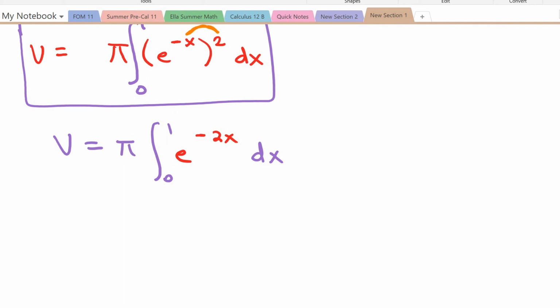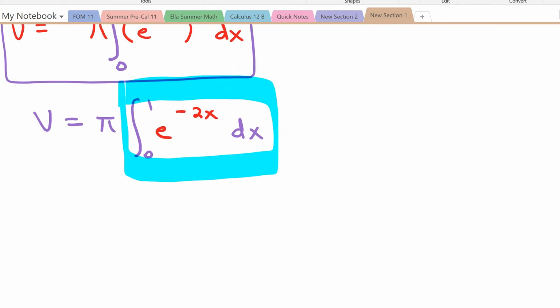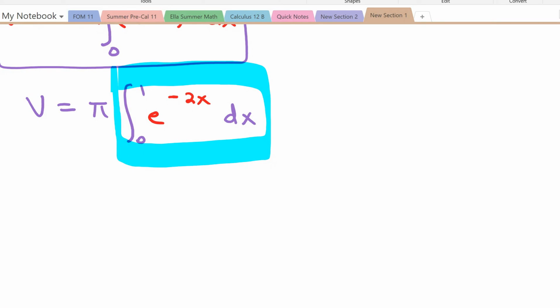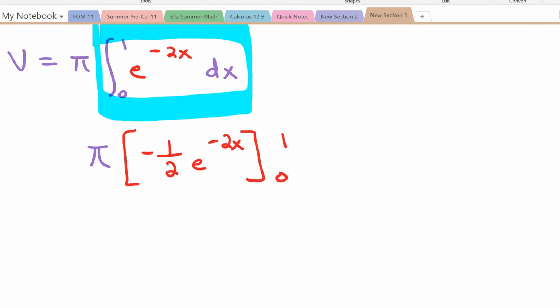Let's find the antiderivative of this expression right here in the blue box. If it's e to the power of negative 2x, the antiderivative of that is negative 1 over 2 e to the power of negative 2x. We'll put that in a bracket, going from 0 to 1, and I have a pi in front. To make this a little easier, I would recommend multiplying the constants together and pulling them outside the bracket.